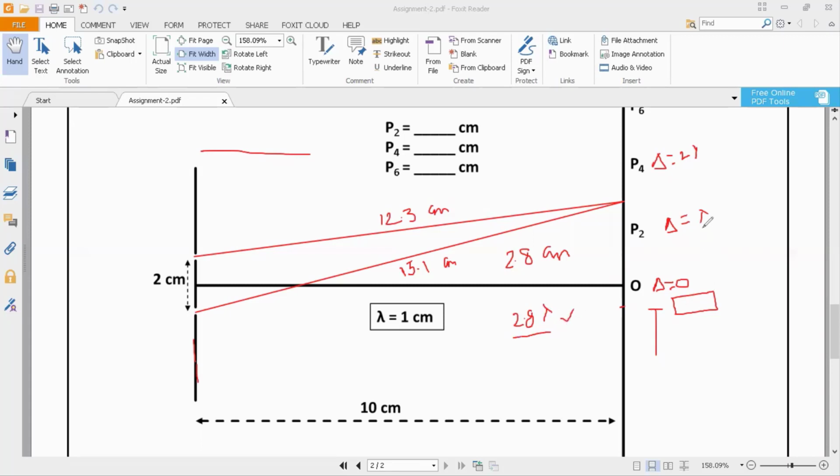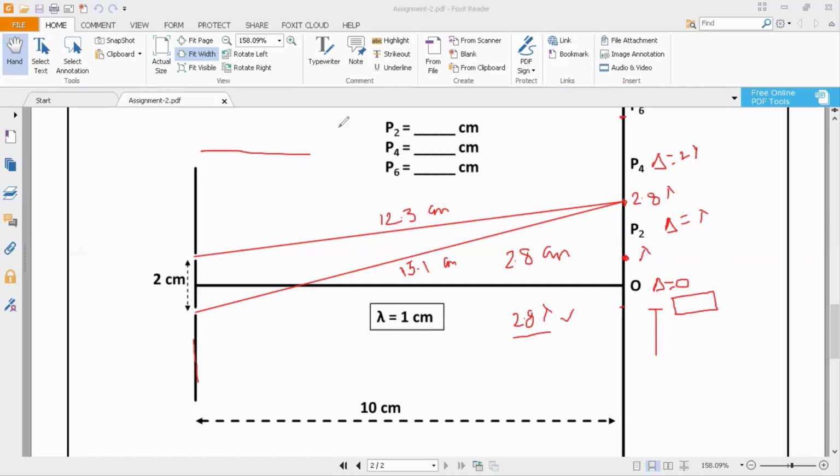But what we need is delta equal to lambda. So 2.8 lambda means it lies somewhere here, and that point is 2.8 lambda. Then I just want lambda. That means maybe here direct lambda will come.